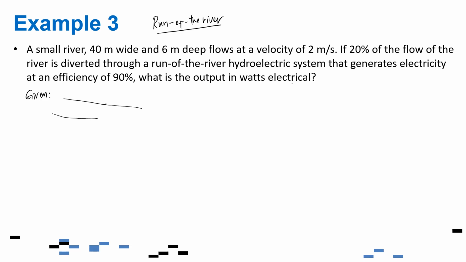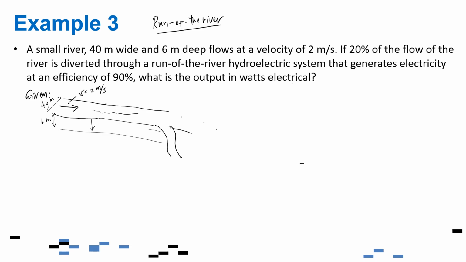All right, so this is a river here, and there's a flow, and this velocity here is 2 meters per second, and then the width of this river is 40 meters, and the depth of this river is 6 meters. So this is the river flow, and that's the depth here. So flowing river, and then it has a diversion.